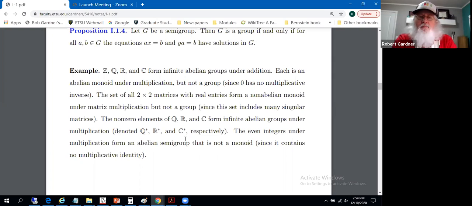Well, multiplication is associative, no problems with that on these collections of numbers. Identity, yeah, all 3 of these contain 1. They don't contain 0. Good thing they don't contain 0, because 0 doesn't have a multiplicative inverse. But all these other numbers do have multiplicative inverses in the relevant structures.